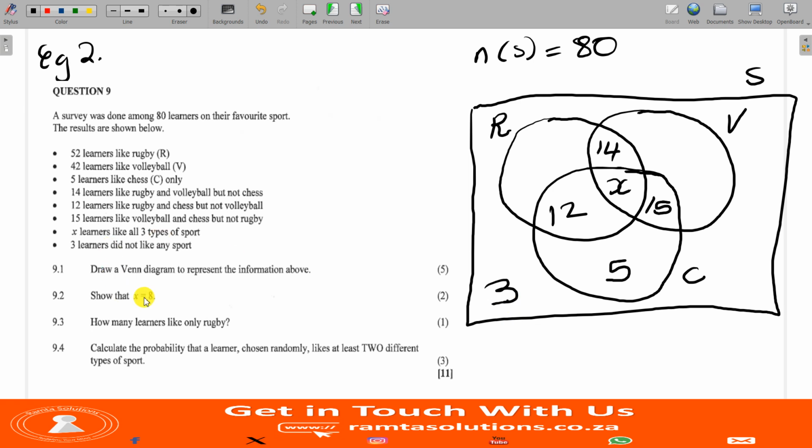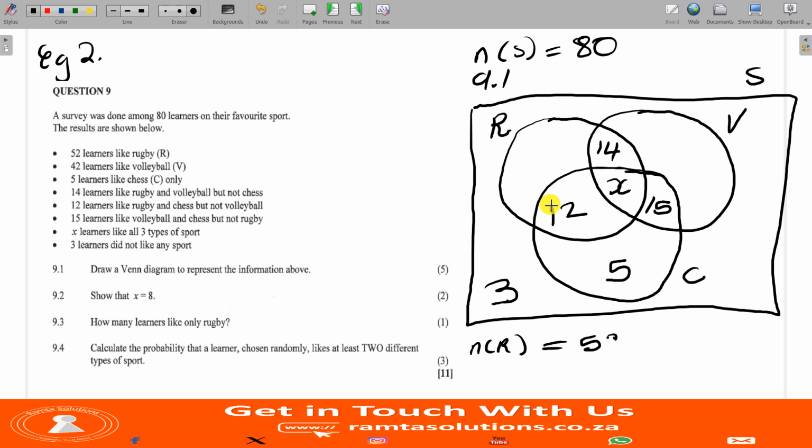Now, you need the Venn diagram. Question 9.1 says, this is 9.1 guys, okay? It says you must draw a Venn diagram to represent this information. So let's begin with rugby. The total of rugby is 52.